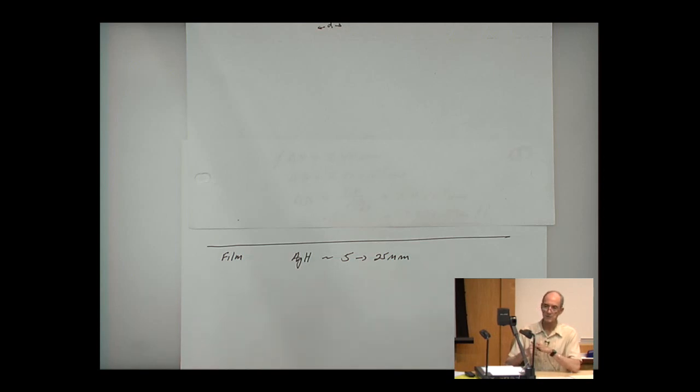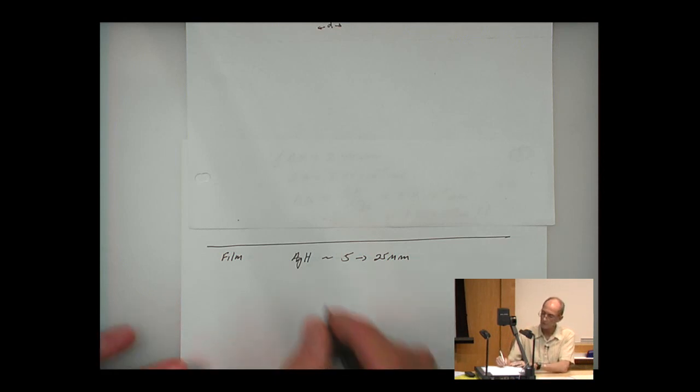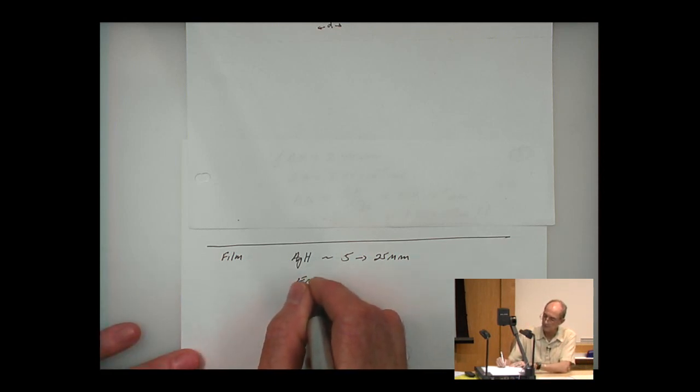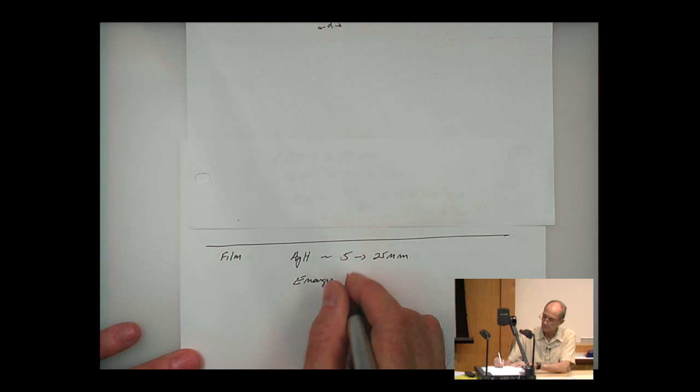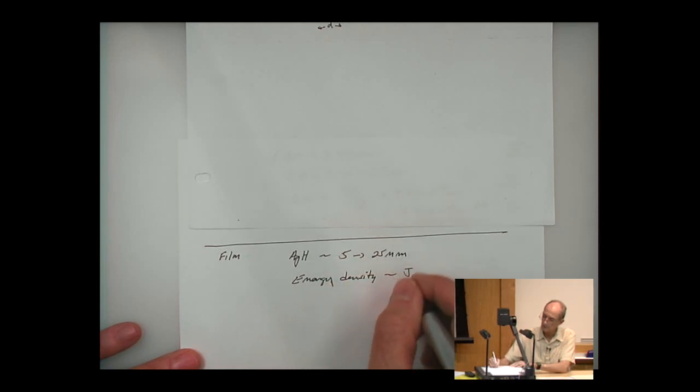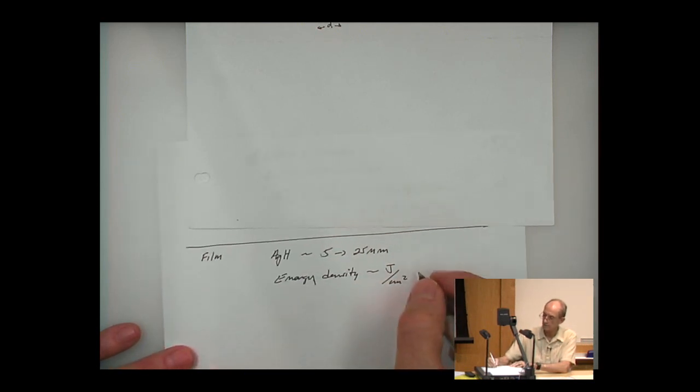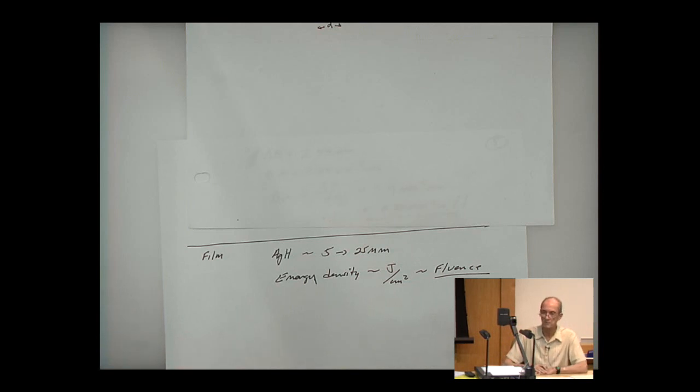And that's due to the fact that the exposure rate of all of these photosensitive materials is a function of the energy density, or the joules per centimeter squared. So this is sometimes referred to as the fluence that's being used to expose the material.